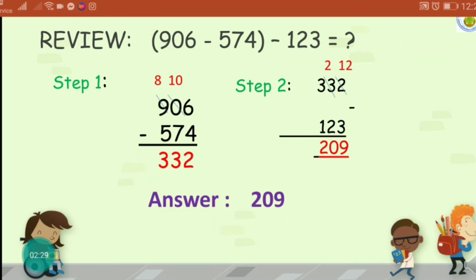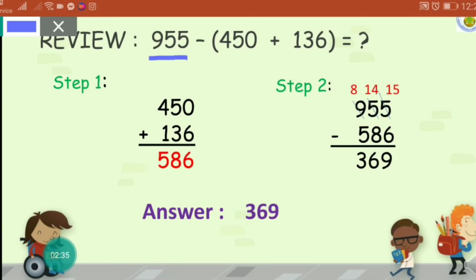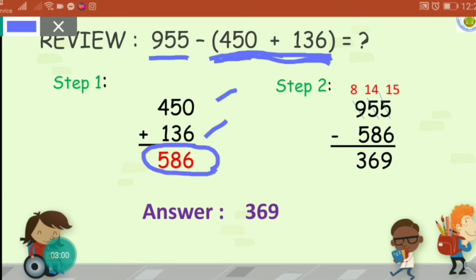So let's have another example. 955 minus, inside the parentheses, we have 450 plus 136. So again, our step number 1, answer first the number inside the parentheses. So 450 plus 136 is equal to 586.